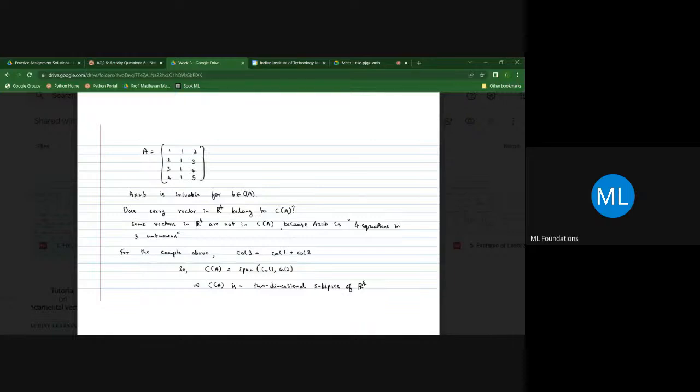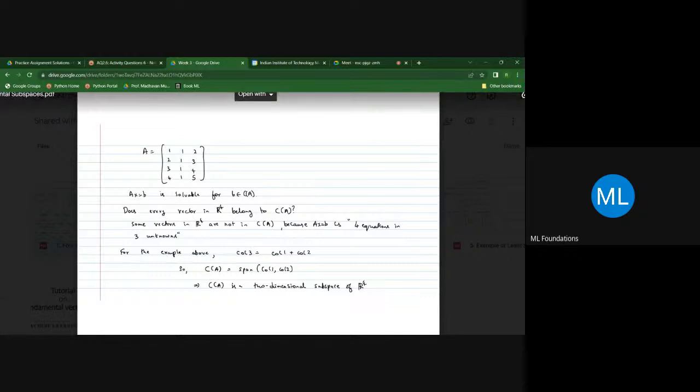That's because, as mentioned here, some vectors in R4 are not in the column space of A, because Ax equals b has 4 equations and only 3 unknowns.